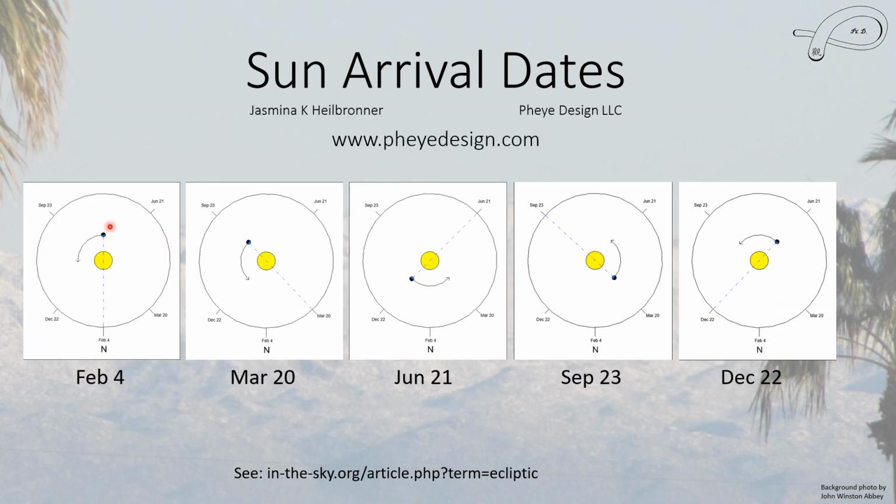So throughout the year, and what I marked here are the equinoxes and the solstices, the earth moves, so the sun has different sets of background stars. So this is February 4th, it'll have whatever background stars are here. March 20th, it'll be here. June 21st, it'll be here. September 23rd, it'll be here. And December 22nd, it'll be here, and then it'll go back to here.